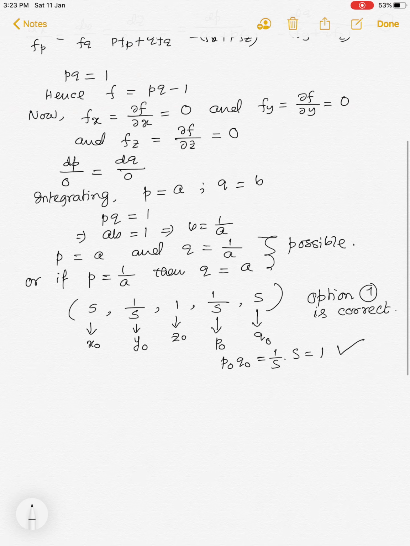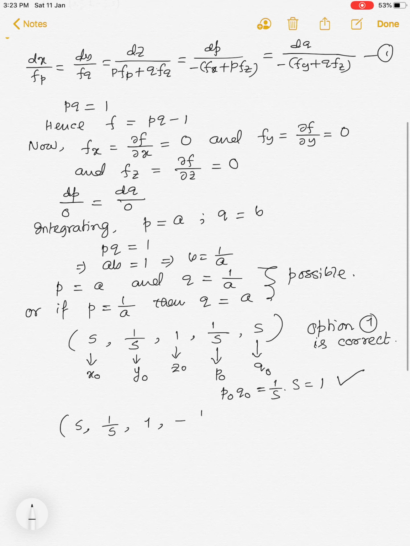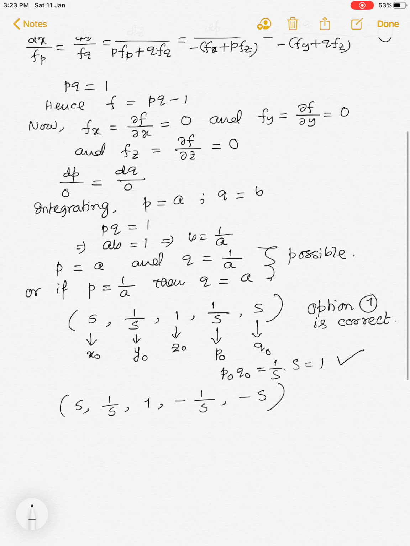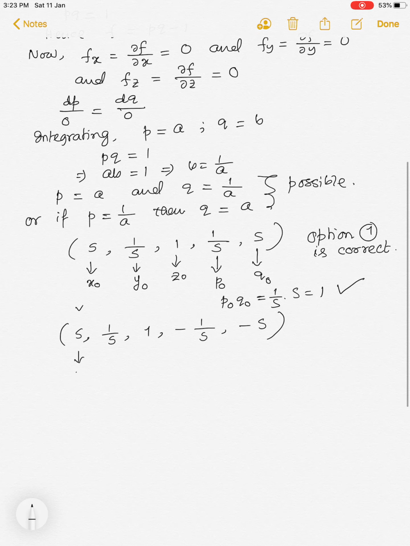Now come to the second option. In the second option the initial strip is given by s, 1 by s, 1, minus 1 by s, and minus s. This is for x0, this is for y0, this is for z0, this is for p0, and this is for q0.